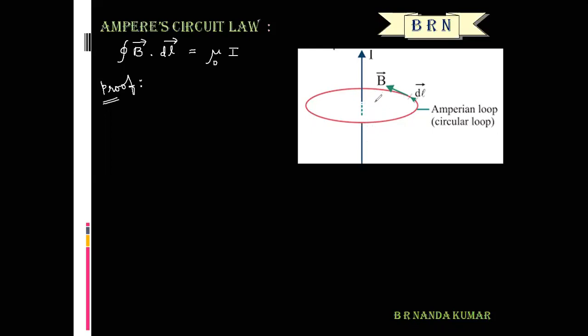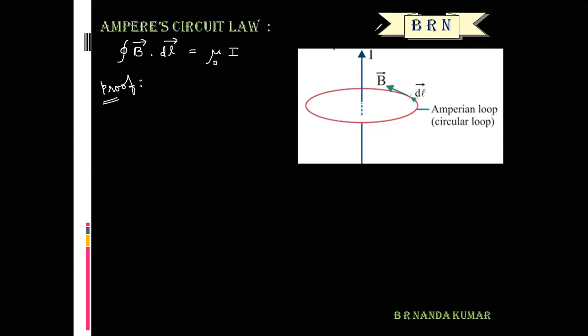Here the current flows vertically upward through this wire, so the magnetic field is anti-clockwise. This direction is determined by the right hand thumb rule. This loop is called the Amperian loop, or circular loop.